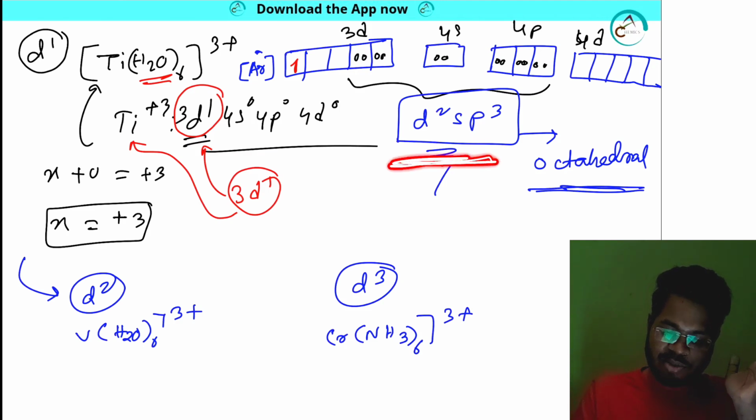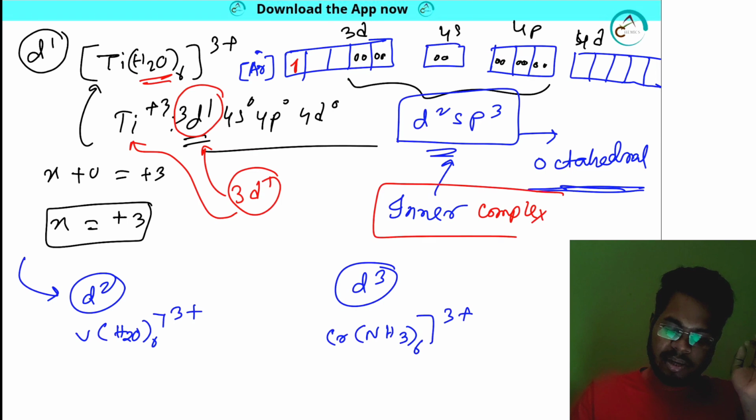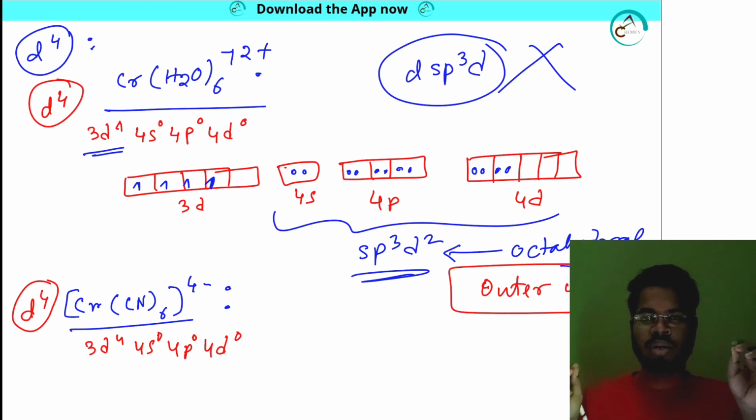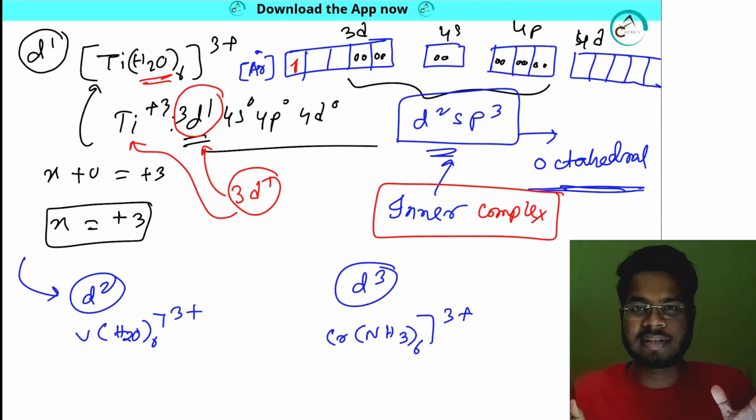So this complex is called an inner complex. And this complex is called the sp3d2 outer complex. Why is that? Because the second one is using outer d, 4d, nd, and the first one is using (n minus 1)d. That is the main reason.